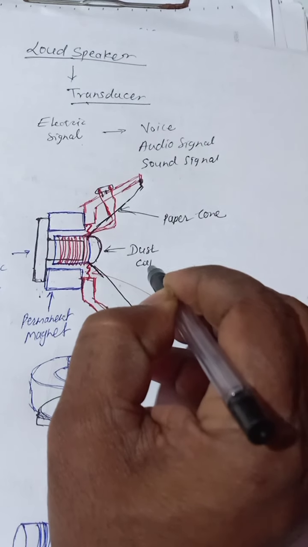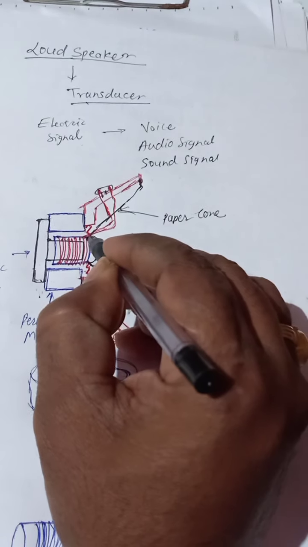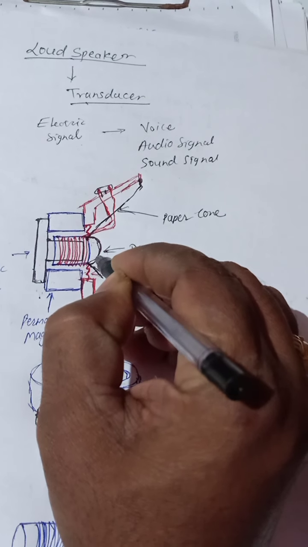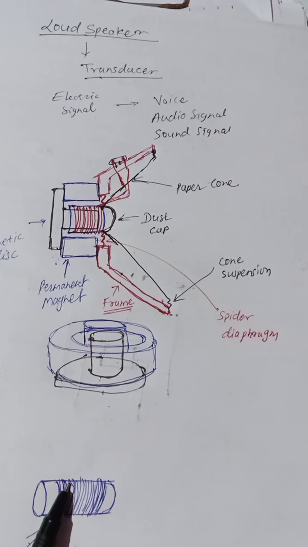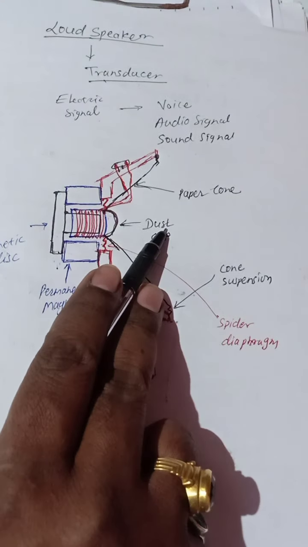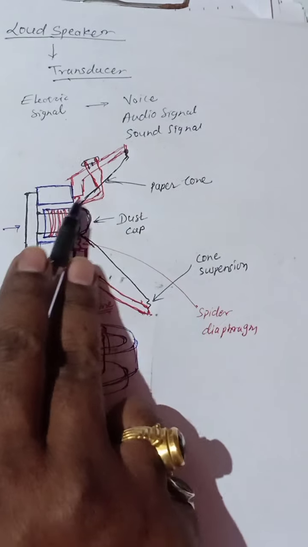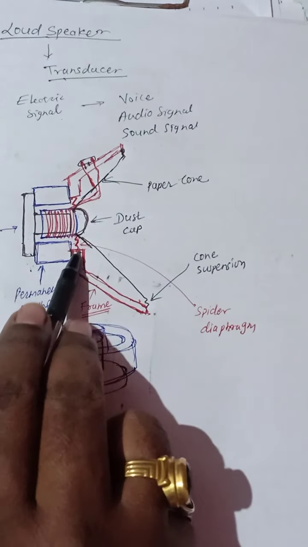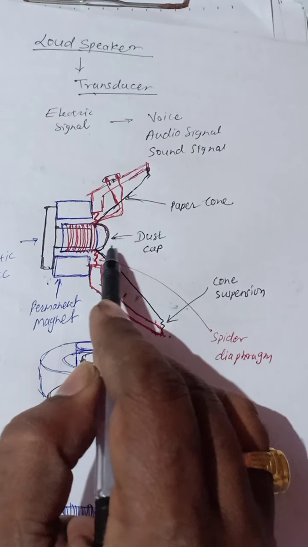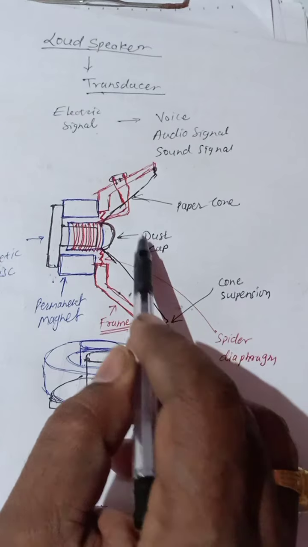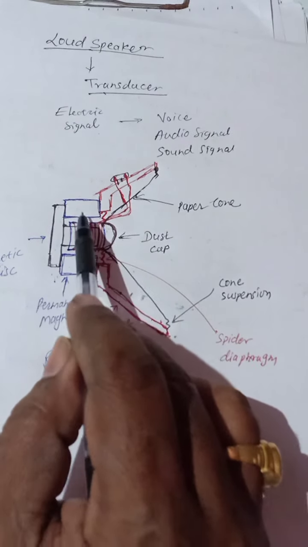This dust cap is pasted over this coil. So the coil is inserted here, and the dust cap is pasted over the coil, so the total structure becomes encapsulated against dust.